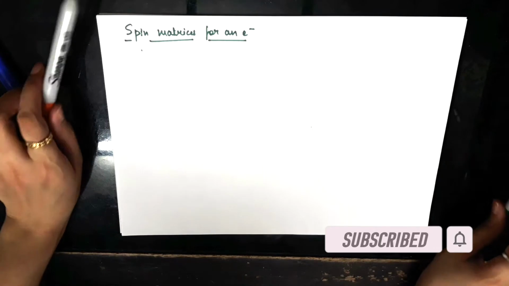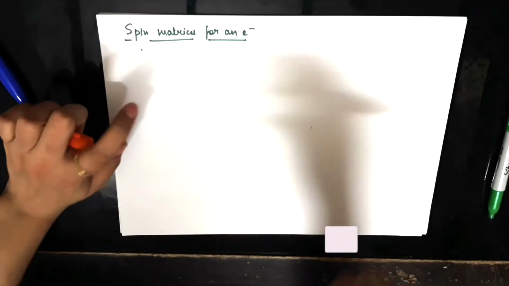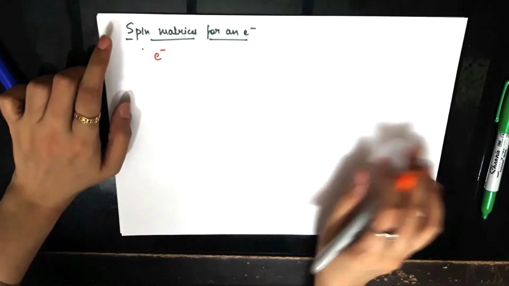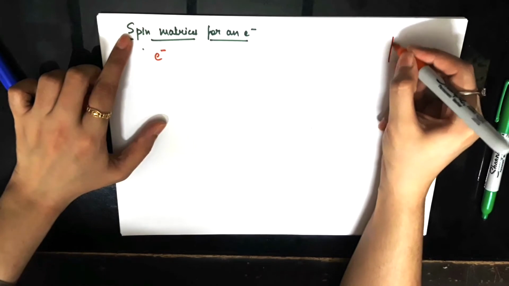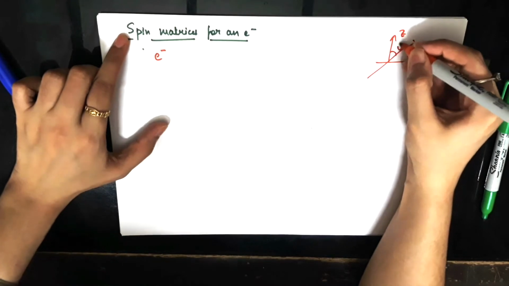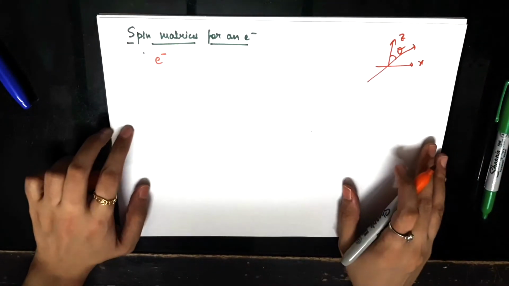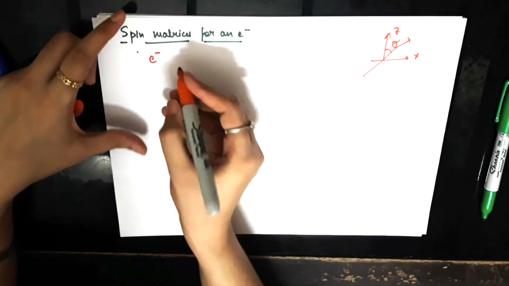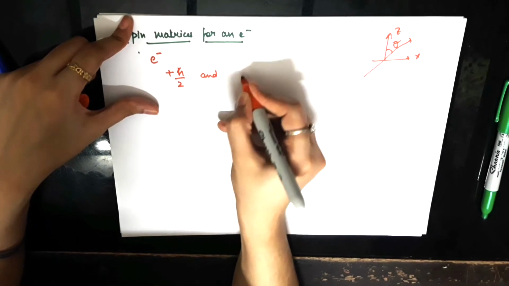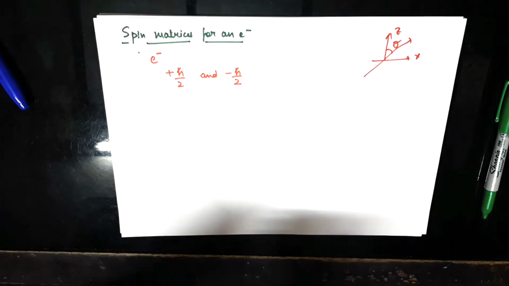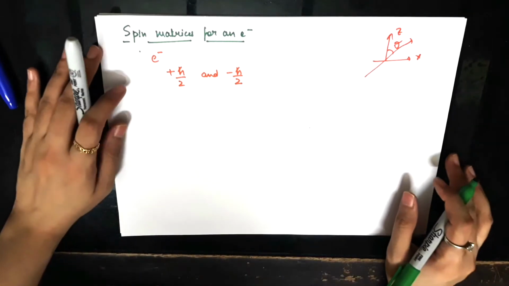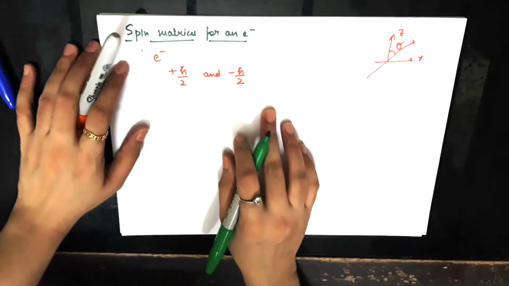I have been mentioning over and over again that from experimental results we know that for an electron, if you measure the spin of the electron in any direction, be it z direction or x direction or any other direction making some angle, the eigenvalues that you can measure are plus h cross by 2 and minus h cross by 2. So these are the two eigenvalues of spin angular momentum that you could measure in any direction that you are interested in.